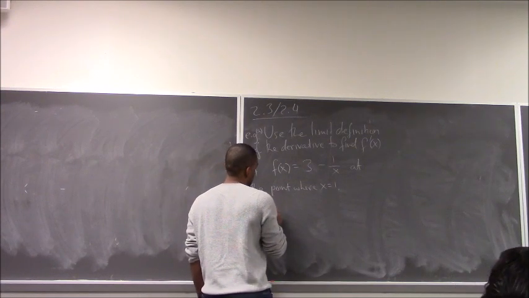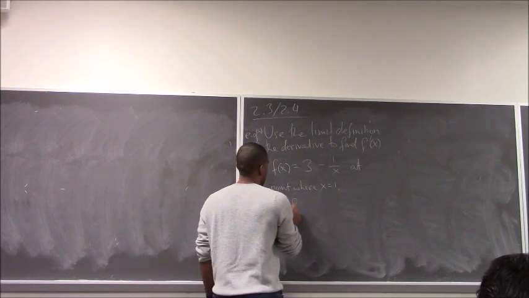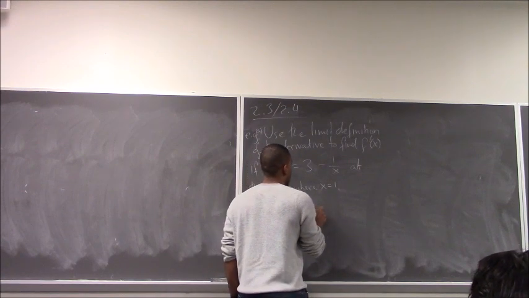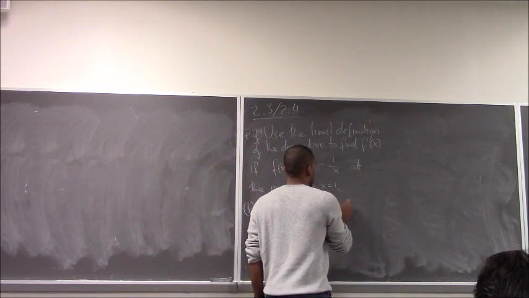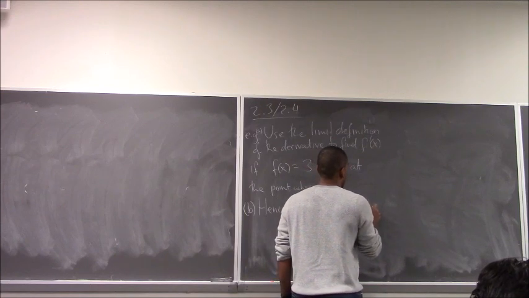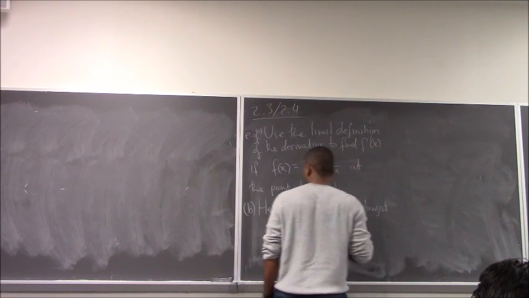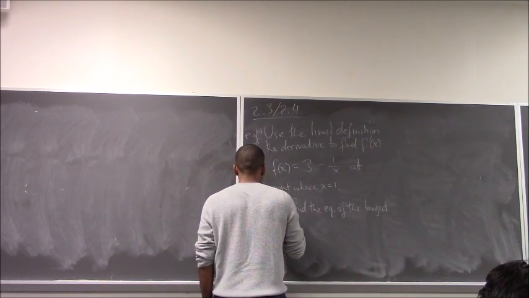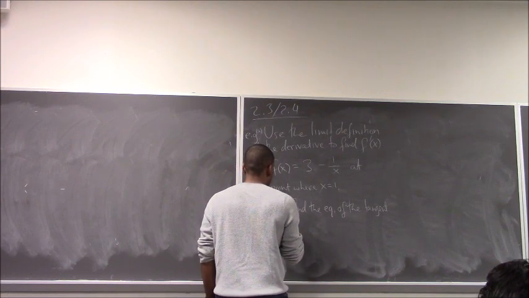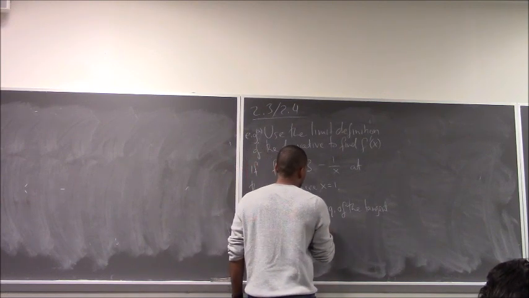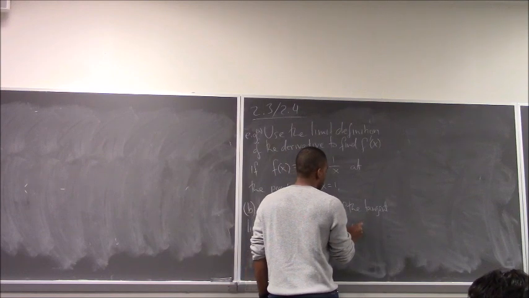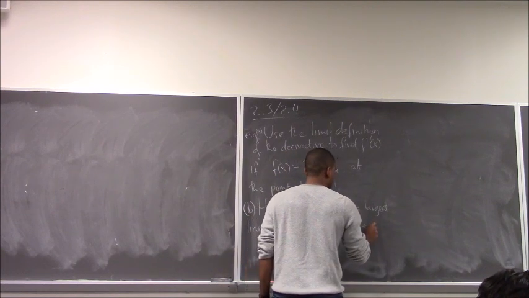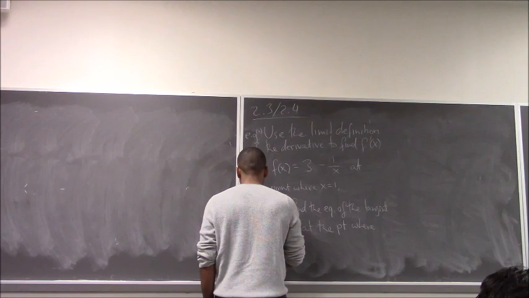Find the equation of the tangent line to the function at the point where x equals 1.